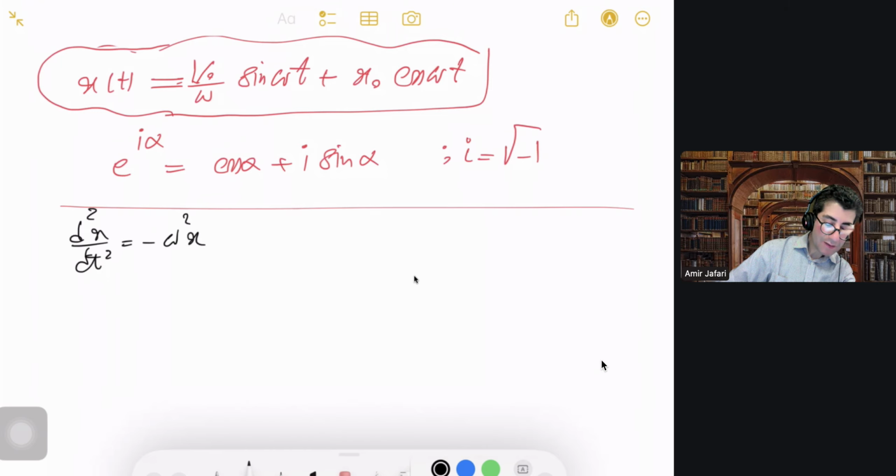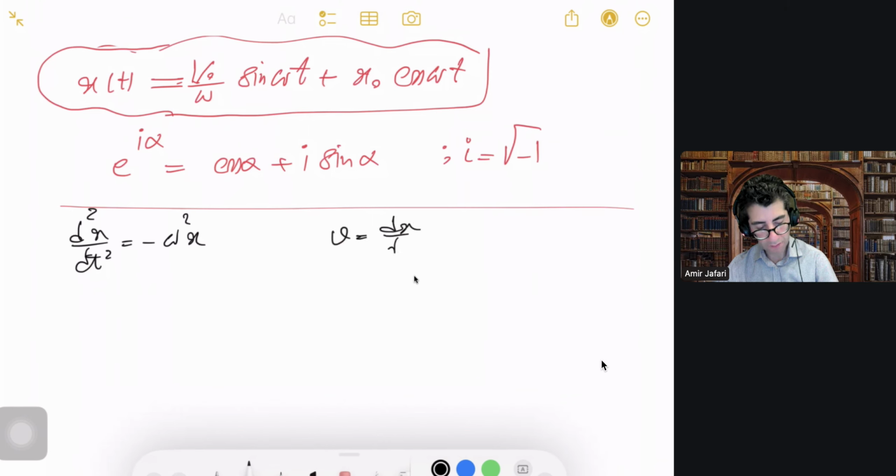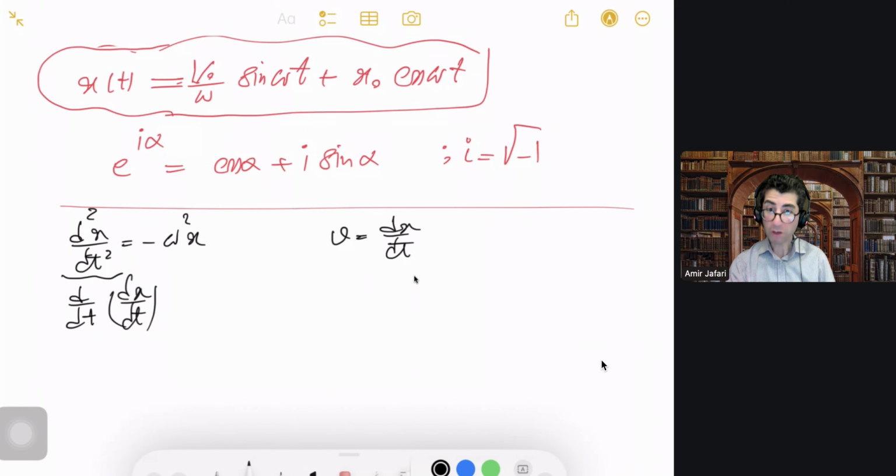Physically it means that you are writing this equation, which is a differential equation for the x position, in terms of the velocity of the mass, right? So v is dx over dt, right? So the left-hand side is basically d over dt of dx over dt. It's the second derivative, so it's basically dv over dt, because dx over dt is velocity.